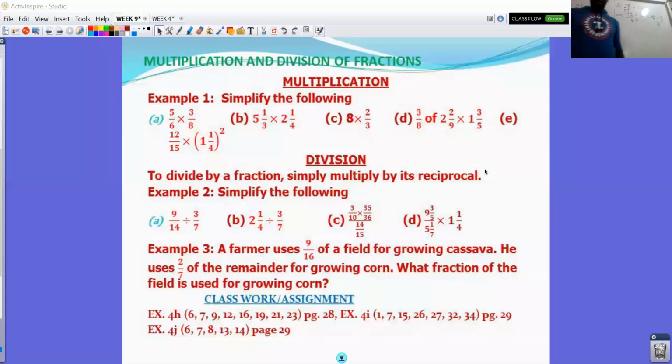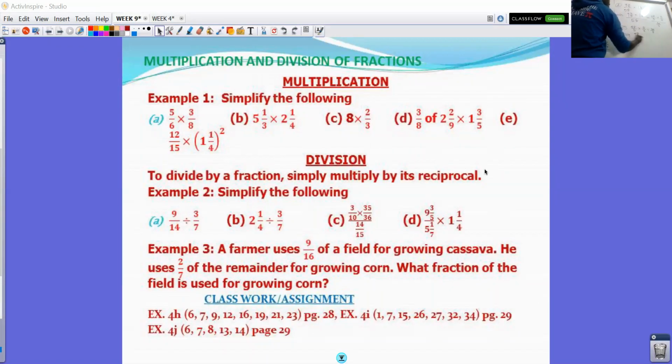Well, 2 minutes is up. Now let's look at it. So what I have here, like I said, you rewrite that: 48/5 times 5/4 divided by 36/7. So we'll change this division sign to multiplication.